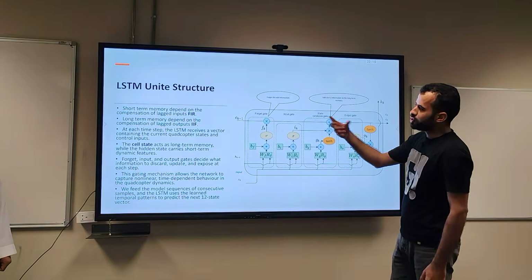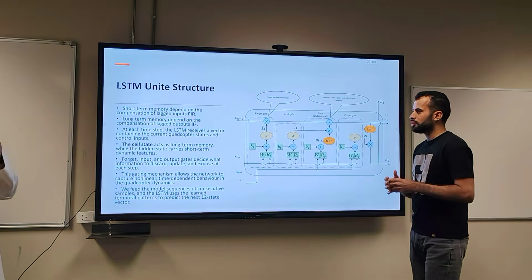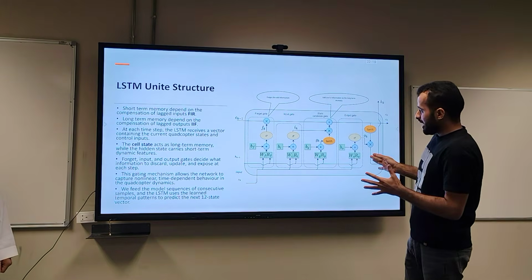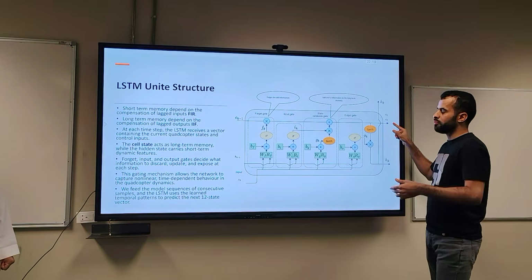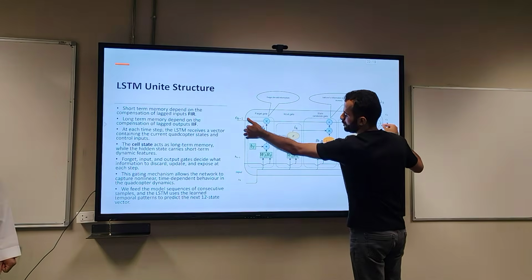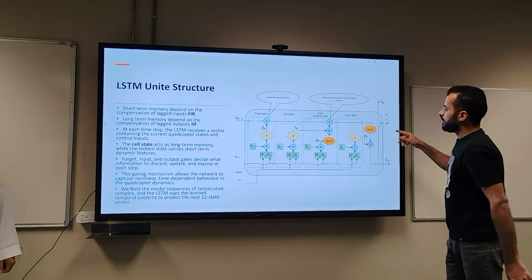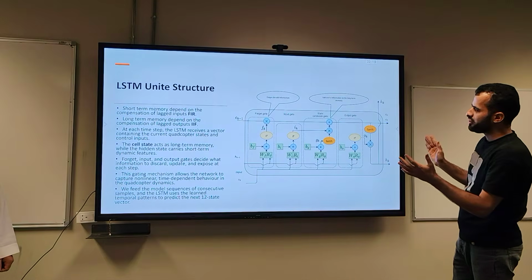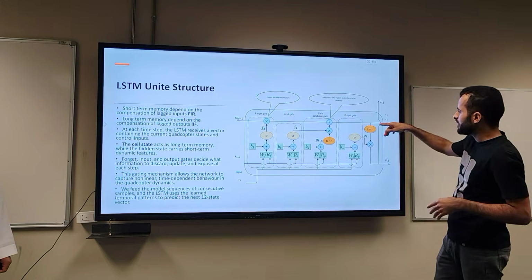Now we come to LSTM, long short-term memory structure. This unit has the capability to do one-step ahead prediction. By providing it the previous output and the current input, we do one-step ahead prediction of the output. It is a non-linear function like the regressor and the neural network. It has the same working principles.